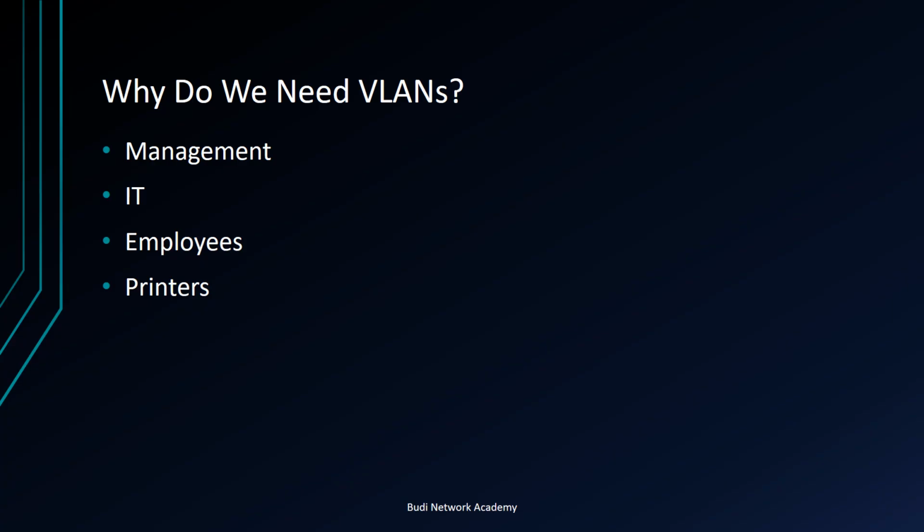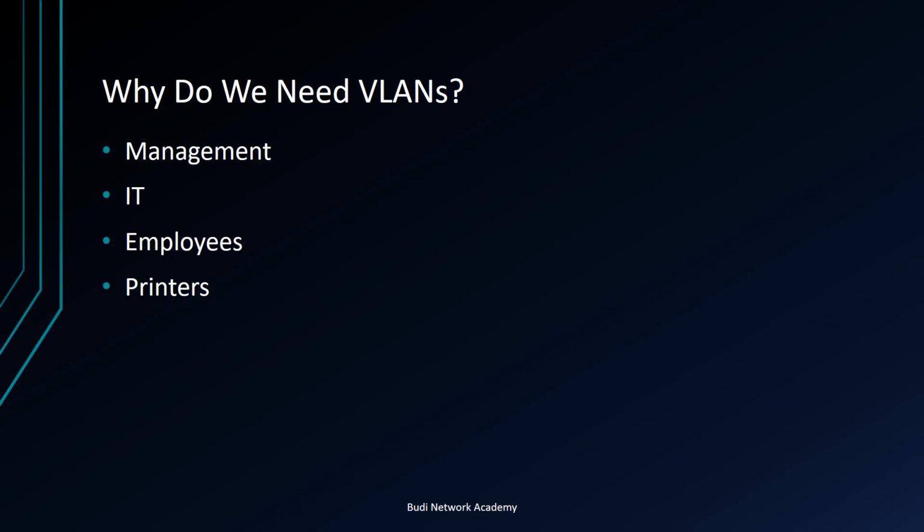Let's imagine a company with several departments. We have the IT department, the HR department, and the management department. All of these computers are connected to the same physical network. But do we really want every device to be part of the same network? Not necessarily.